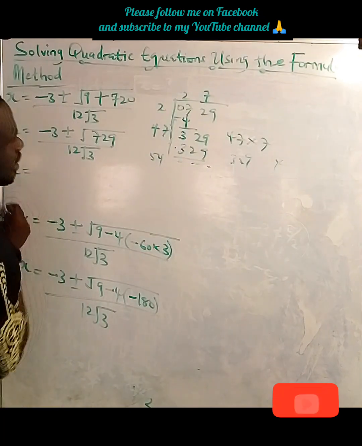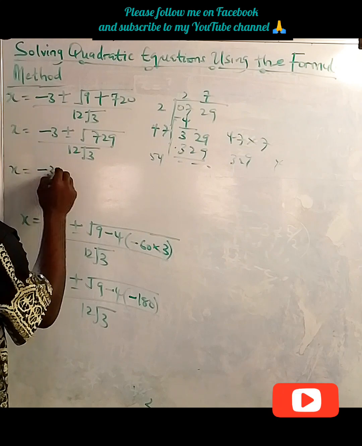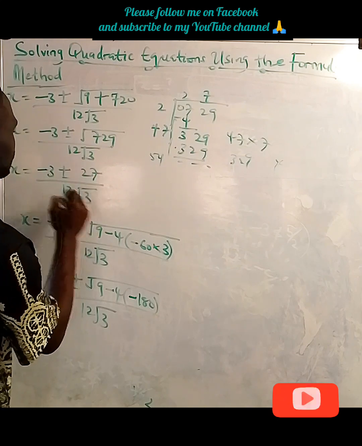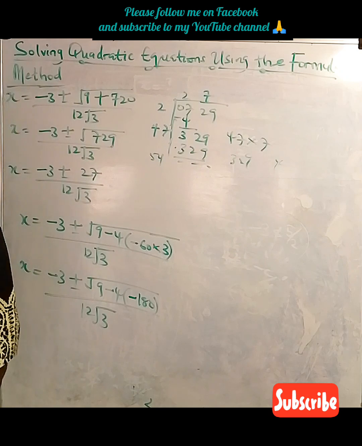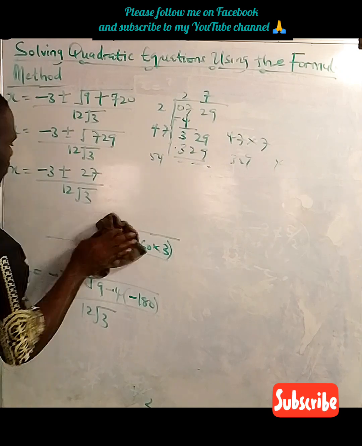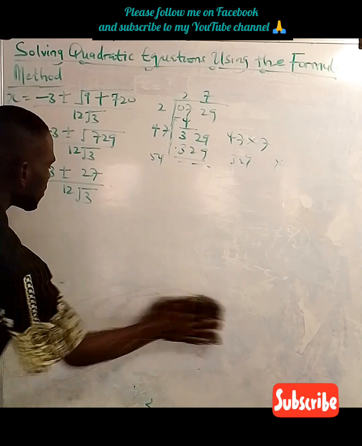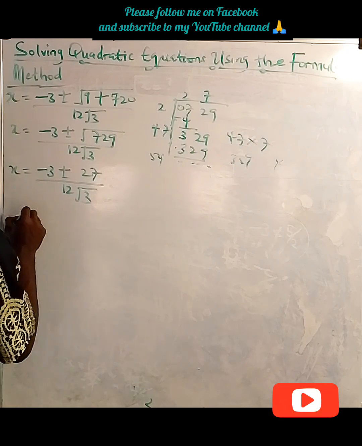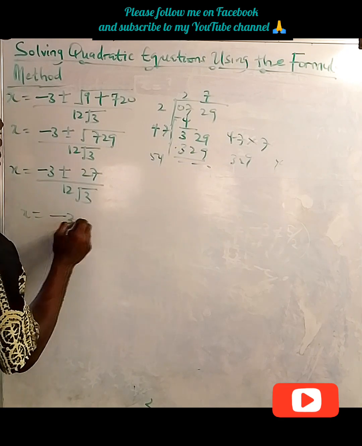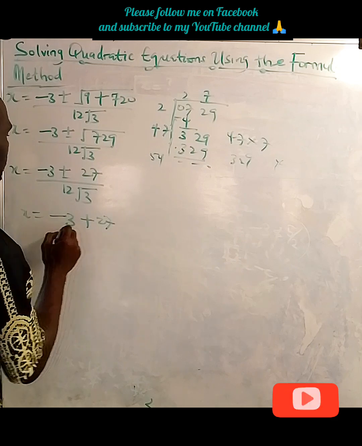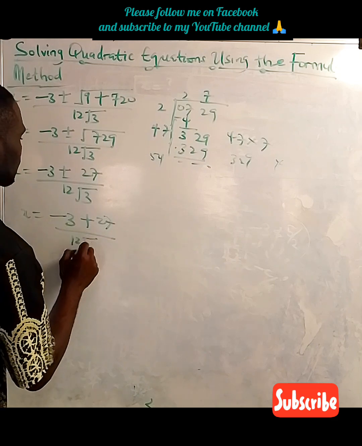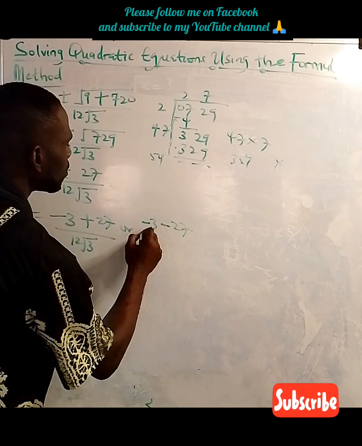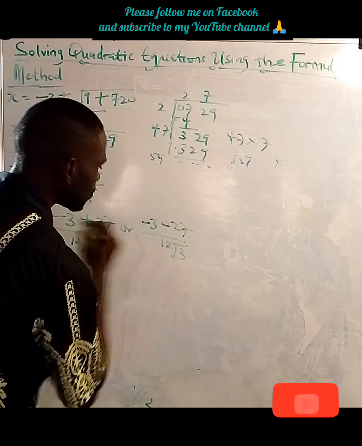So we have x right there: minus 3 plus or minus 27 over 12 root 3. You get very close to the values of x. So what is the next thing? x is minus 3 plus 27 over 12 root 3, or minus 3 minus 27 over 12 root 3.